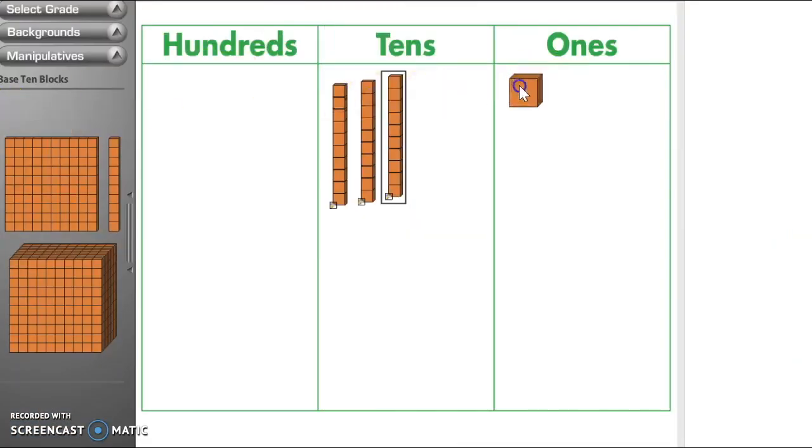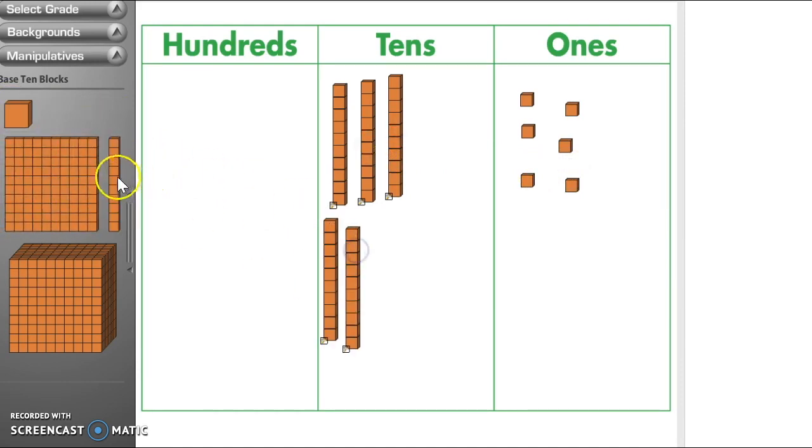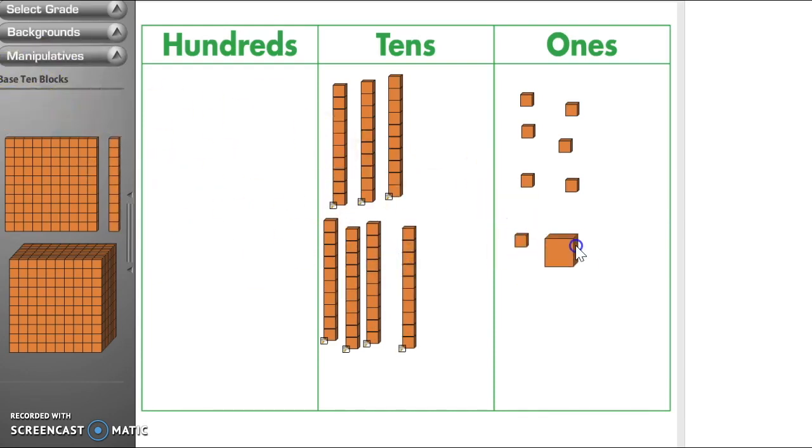All right, so we need 36. 1, 2, 3, 4, 5, 6. Okay, and we need to add 45. So we need to add 4 tens, 2, 3, 4, and we need to add 5. 1, 2, 3, 4, 5. Okay, so I see that I have 11 ones in my ones column, which means that I can exchange 10 of them for another long, so a group of 10.